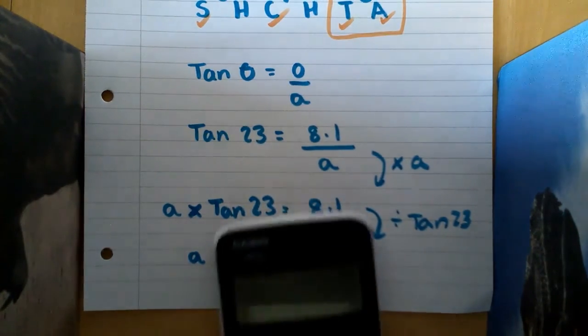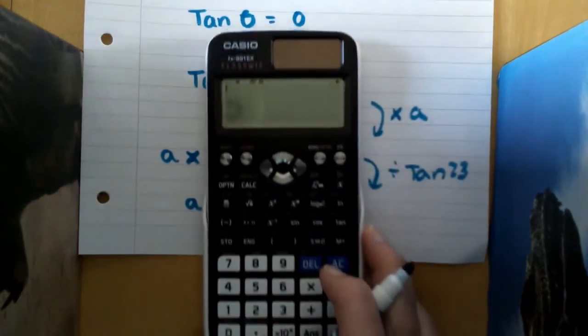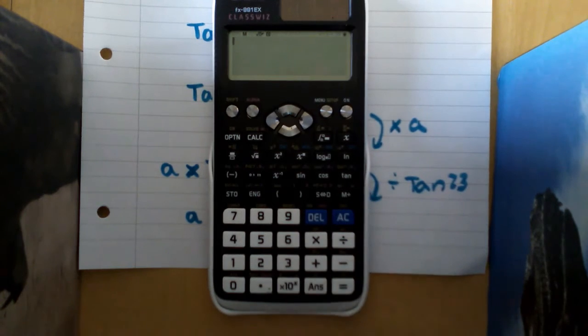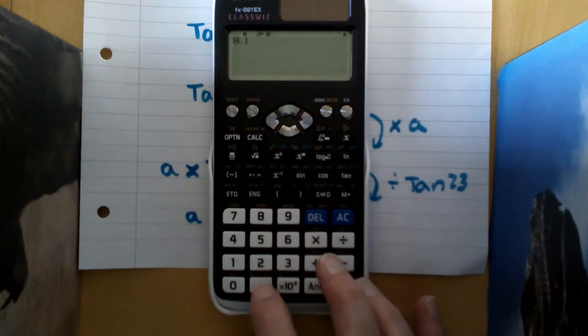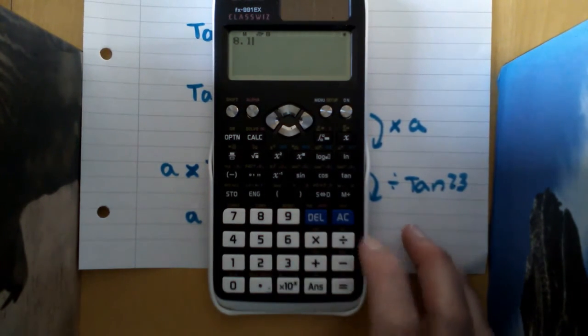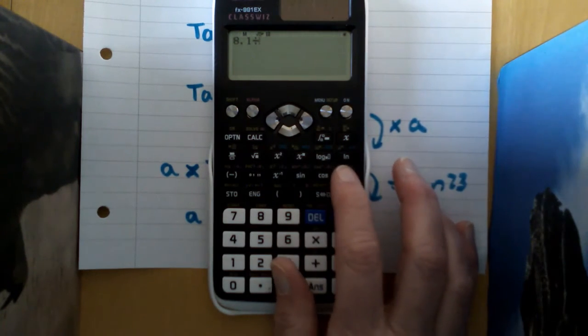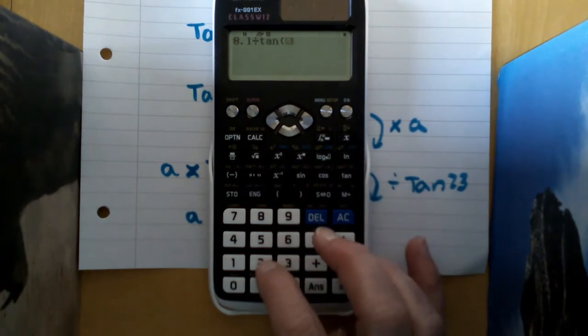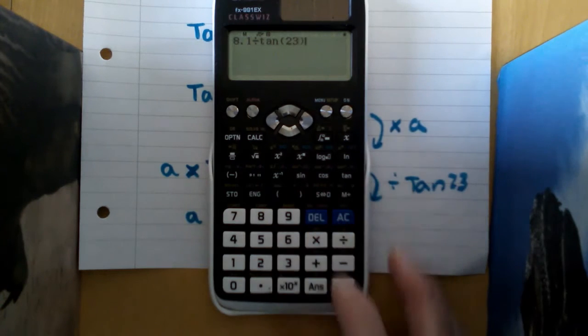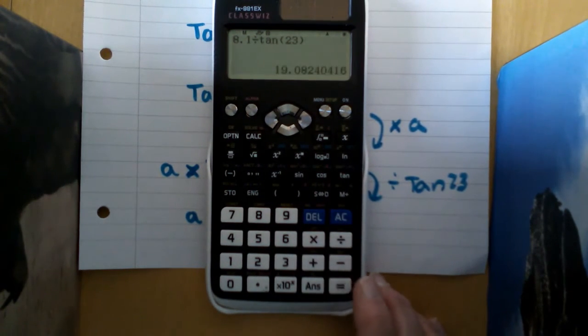Okay, so we just type that into the calculator, making sure the calculator is in degrees. We do 8.1 divided by tan 23. Let's close the bracket there just to make sure. Press equals, and I end up with 19.0824.